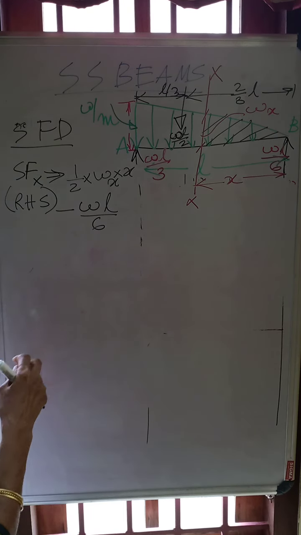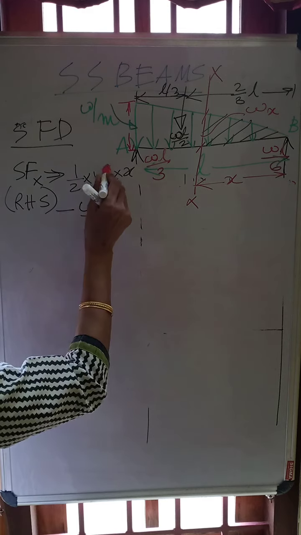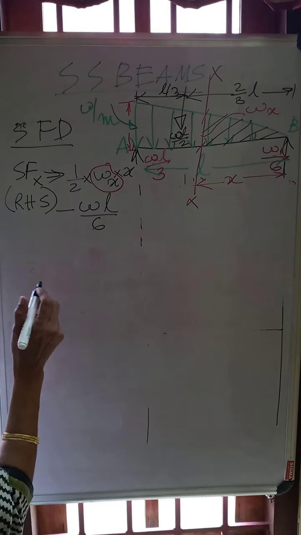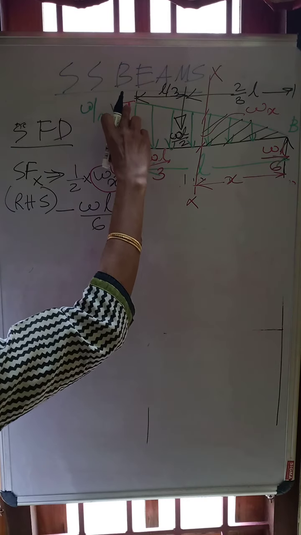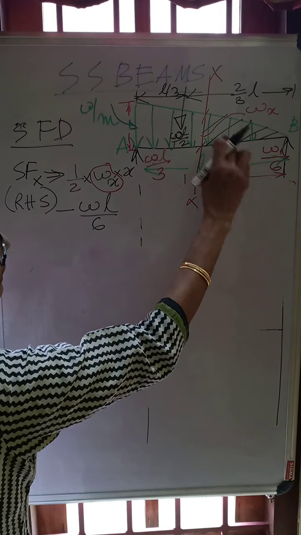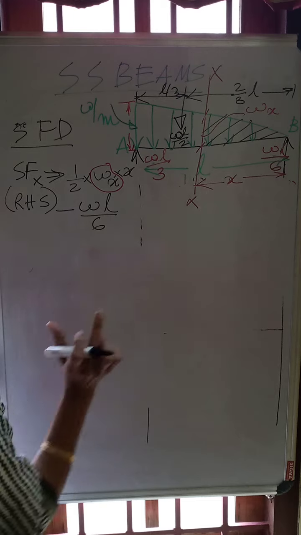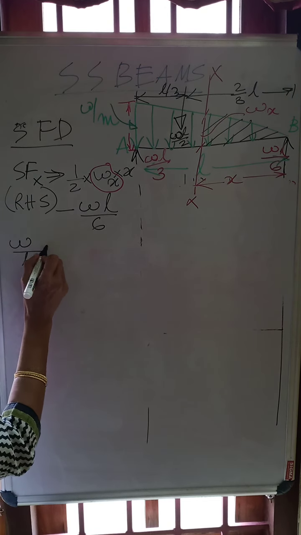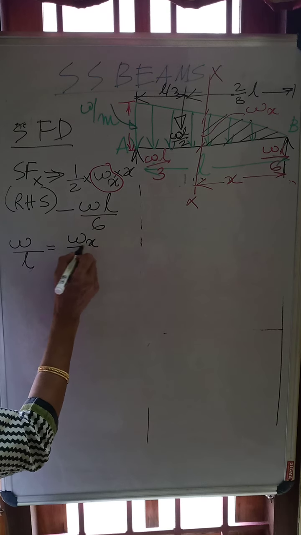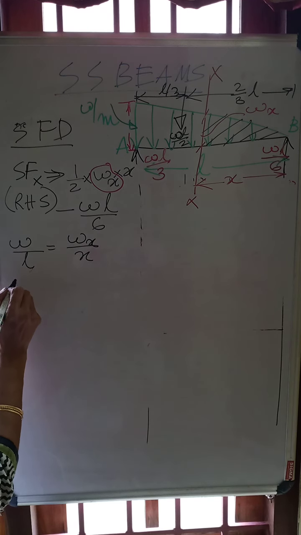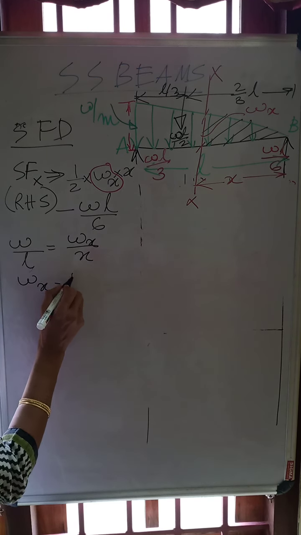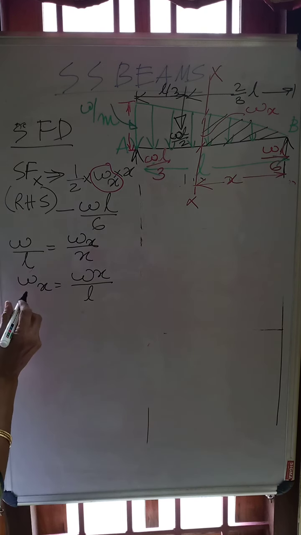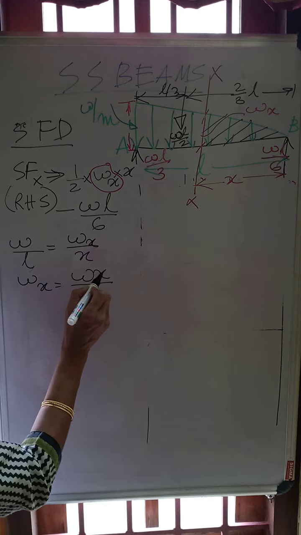But the only thing is that you have to find out what this Wx is. From similar triangles, this is small w and this is L, this is small wx and this is x. So from similar triangles, w by L is equal to wx by x, which is going to give you wx is equal to w into x divided by L. Don't confuse, this is w suffix x, this is w into x.